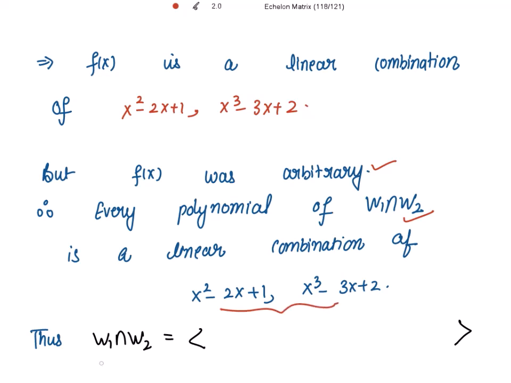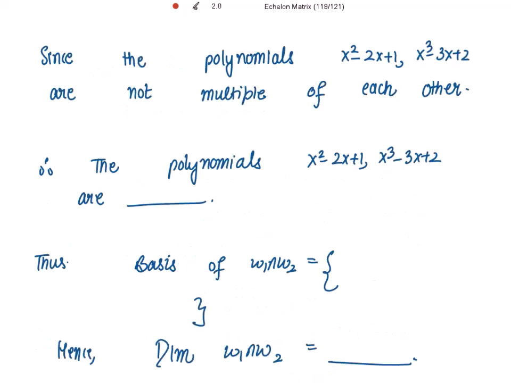That means the intersection of W1 and W2 is generated by these two polynomials. Because these two are not multiples of each other, they are also linearly independent. So the basis of W1 intersection W2 becomes x² - 2x + 1 and x³ - 3x + 2.